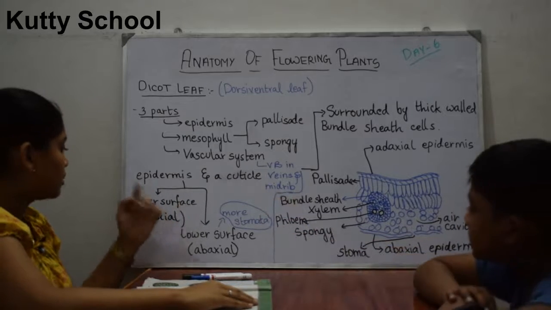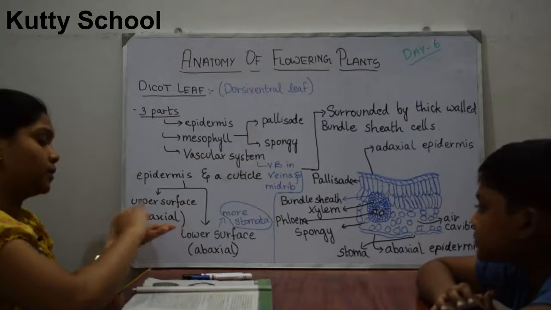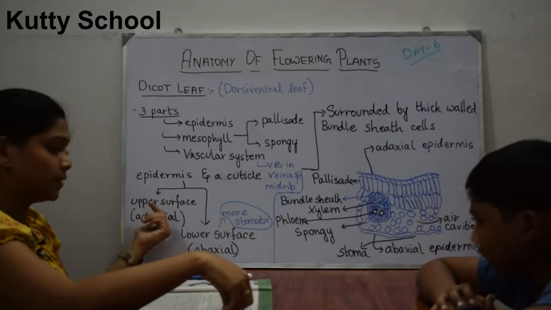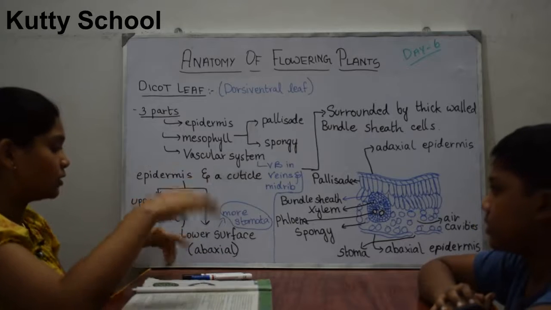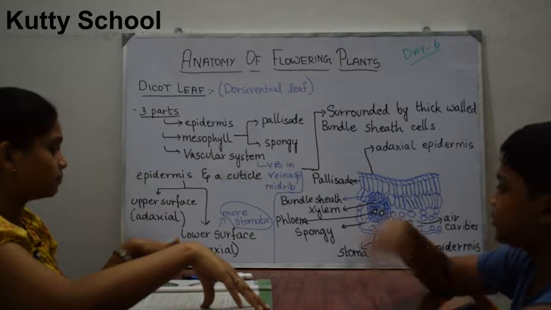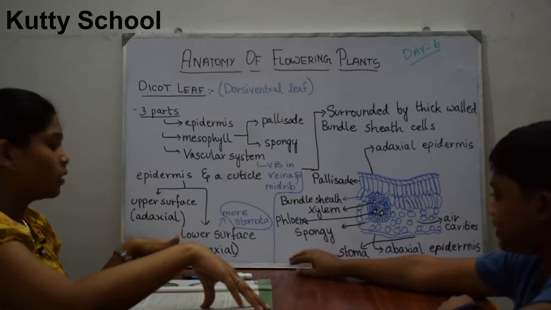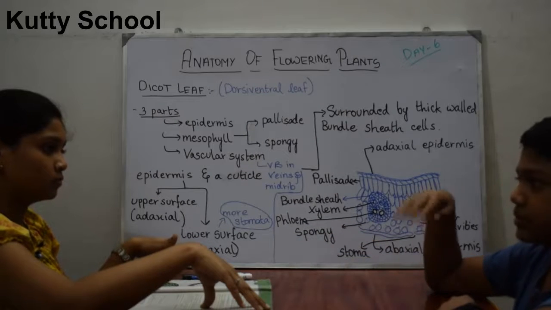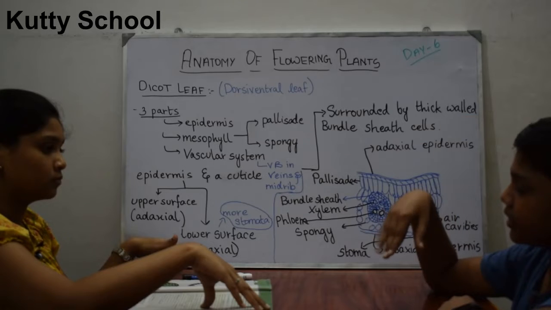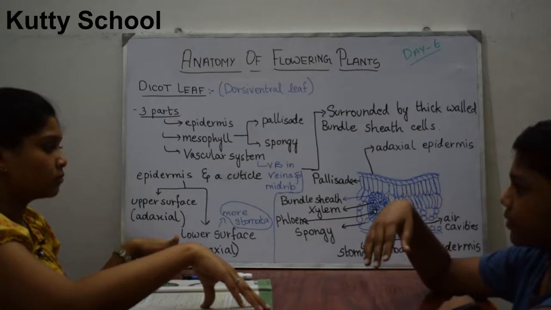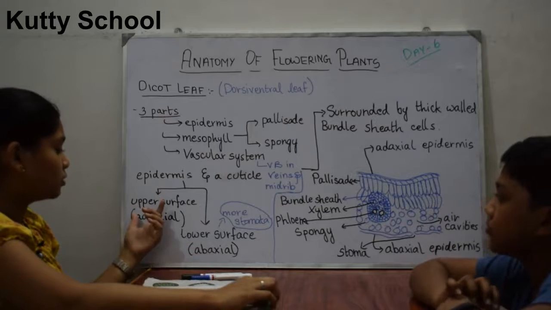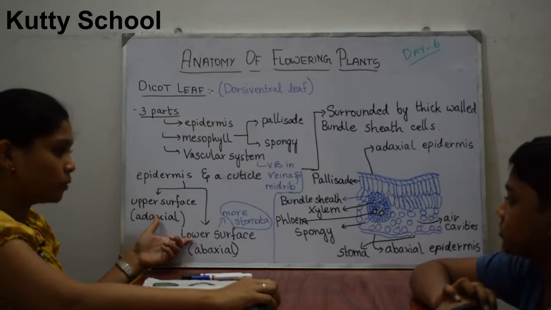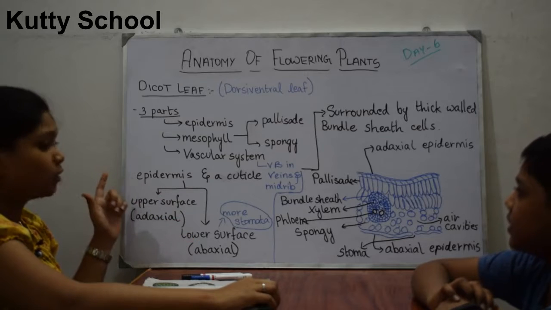The epidermis present in the upper surface is known as the adaxial epidermis, and the epidermis present in the lower surface is known as the abaxial epidermis. It has more stomata in the lower surface because of transpiration. Stomata will also be there in the upper surface, but more in the lower surface, mainly in the dicot leaf.